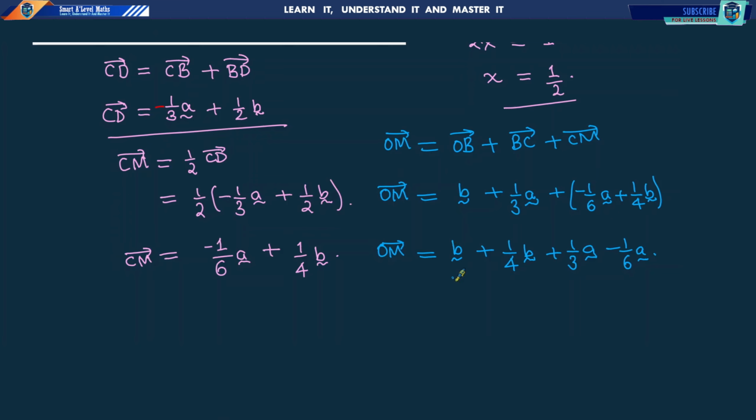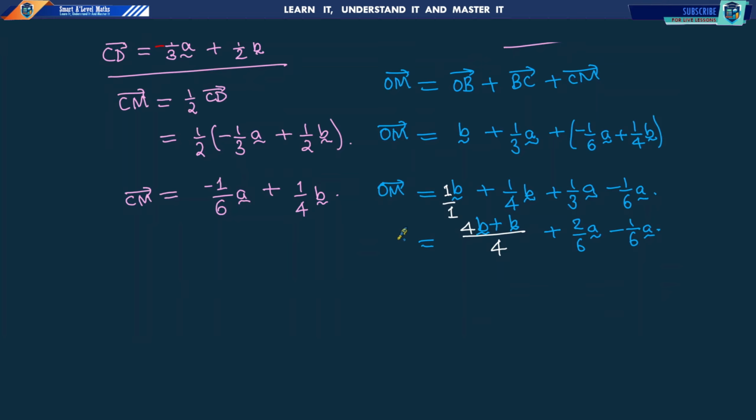At this point, we have these simple fractions here. Putting this over 1, the LCM of 1 and 4 is 4. So 4 divided by 1 is 4 times 1 is also 4 vector B, and we add this to 4 divided by 4 goes to 1 times 1, which is also 1 vector B. At this side, we make the fractions equivalent by multiplying both numerator and denominator by 2, and we have 2/6 vector A minus 1/6 vector A. We can simplify to get our vector OM.